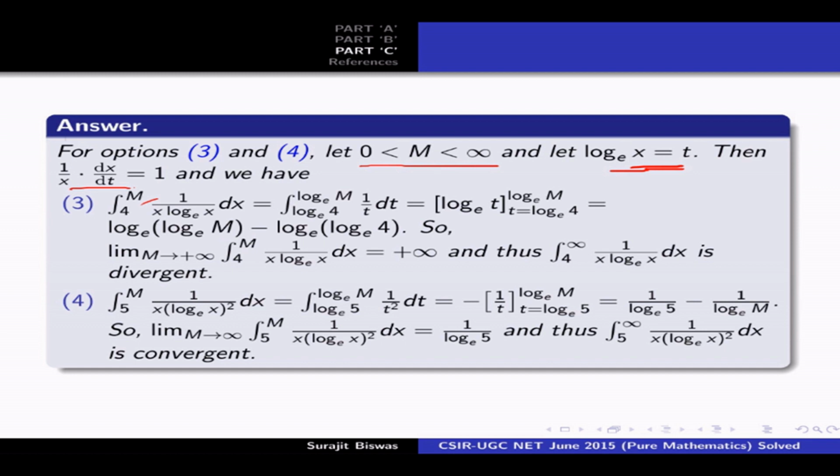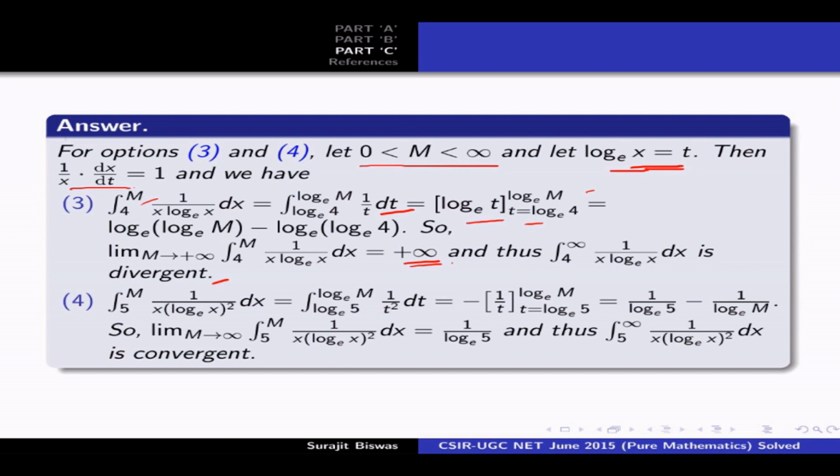Substituting in terms of t, we have the integral of 1 by t dt, that is log t over this range, which is log of log m minus log of log 4. Taking m tends to infinity, this gives plus infinity as the limit, and thus the integral from 4 to infinity of 1 by x log x dx is divergent.